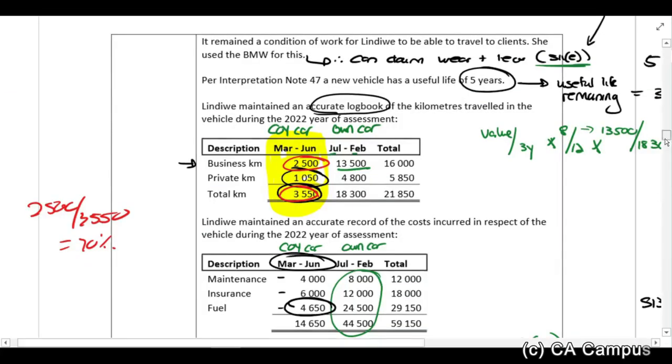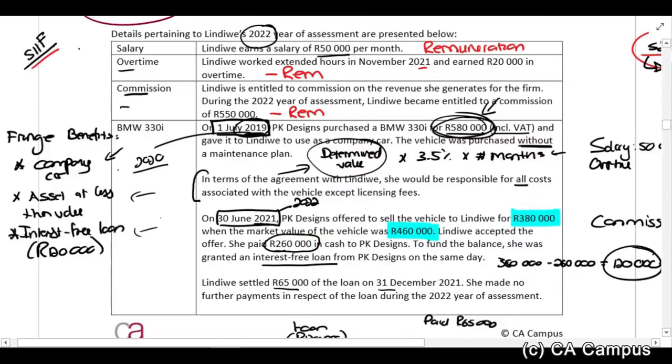Okay, so let's look at our next fringe benefit. It's the asset at less than the actual value. So we're buying it for 380,000. It has a market value of 460,000.